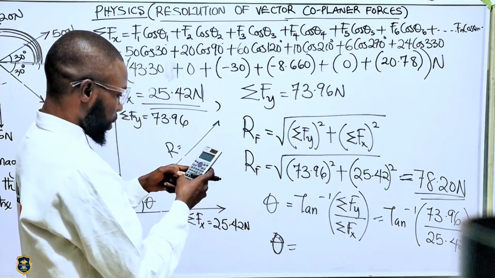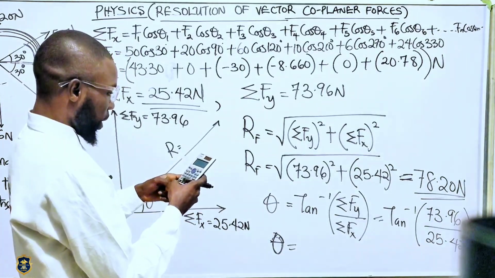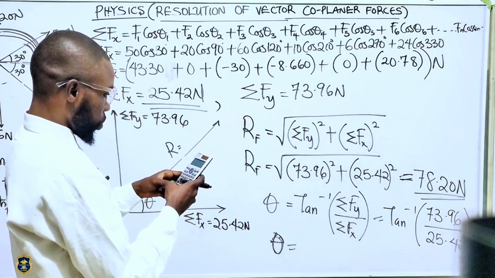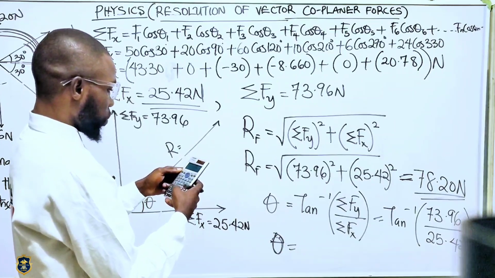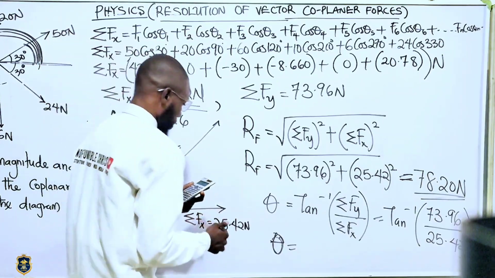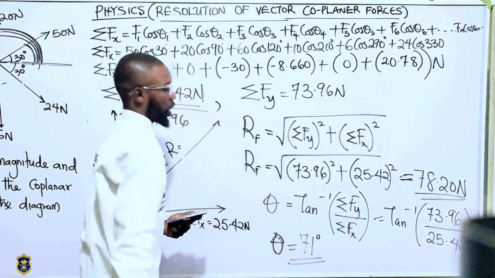So we have 73.96 all over 25.42. By doing that, we have 71.03 degrees, approximately 71 degrees. That's your answer.